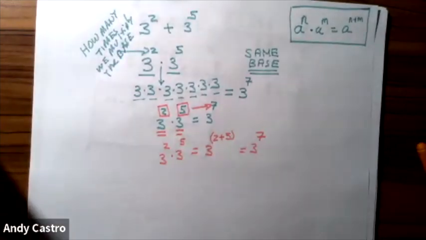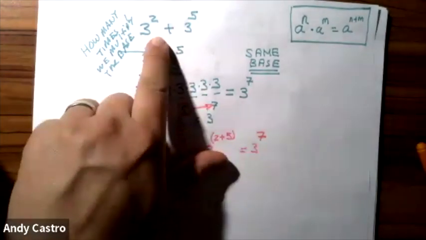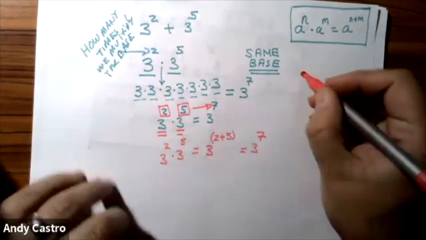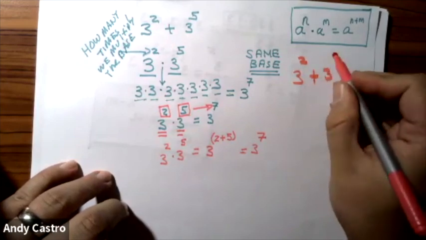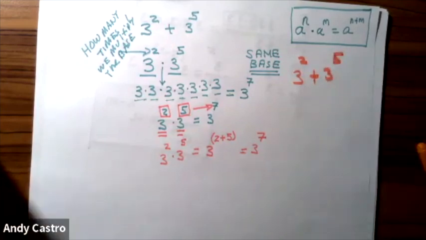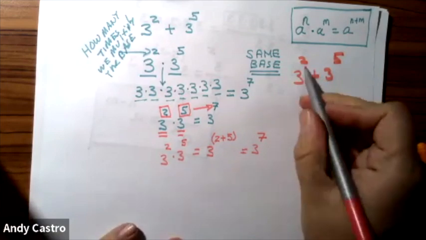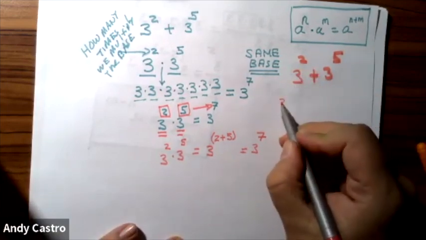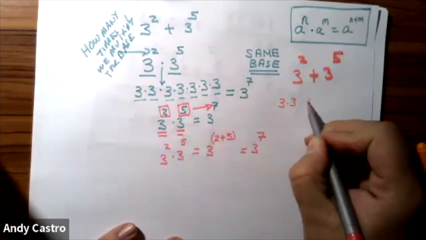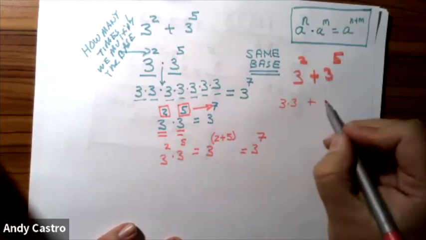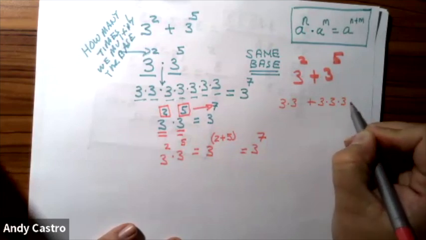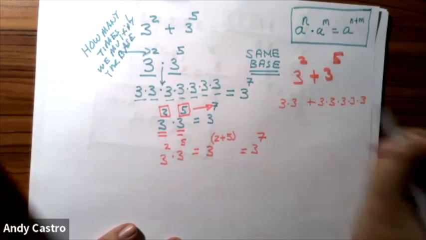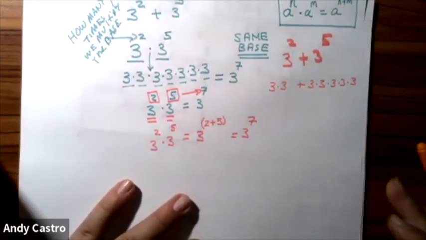Now what I want to do real quick before we move on to the third one is show you why 3 to the second power plus 3 to the fifth power doesn't follow these rules. So if I look at this, 3 squared is 3 times 3, plus 3 to the fifth is 3 times 3 times 3 times 3 times 3.